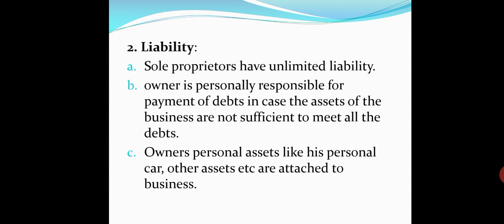The owner's personal assets, like his personal car or other assets, are attached to the business. That is why we say sole trading concern is a risky form of business organization, because the owner has unlimited liability where his personal assets are attached to the business. This is the second important characteristic of sole proprietorship.